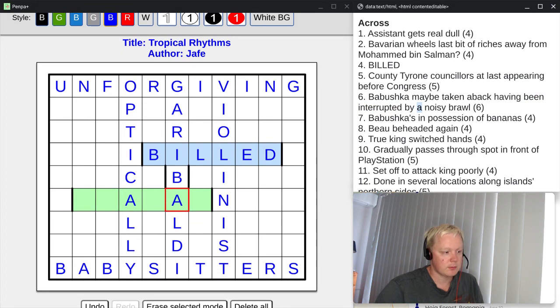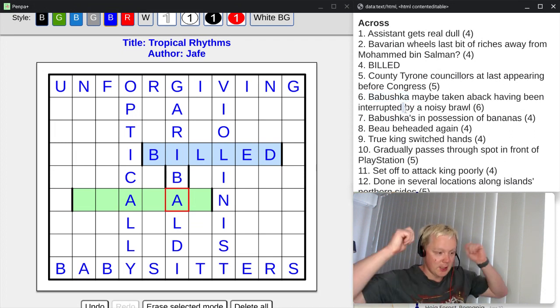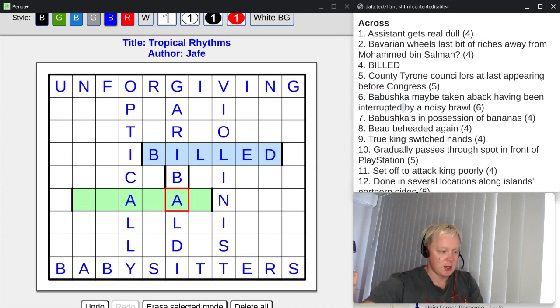Now, what is a babushka? We have it in 2 different clues here. It's kind of a headscarf, a Russian headscarf, or it can be the term for either someone's grandmother or just a word for an older woman in general. That's from Russian, babushka. So it's going to be one of those things.